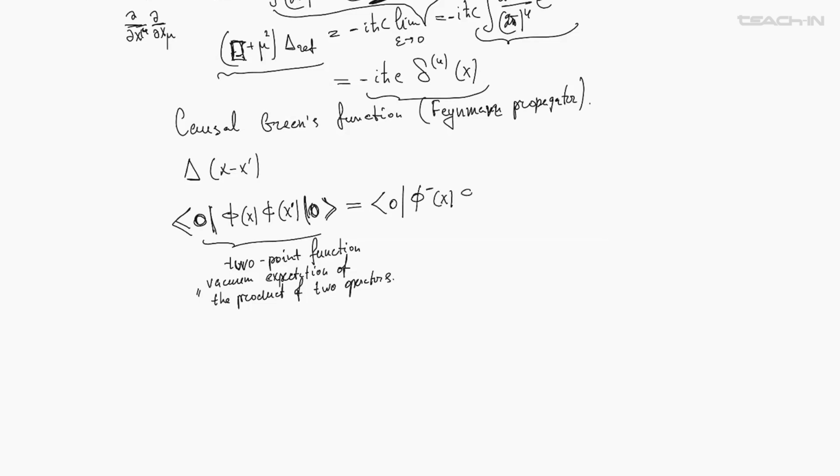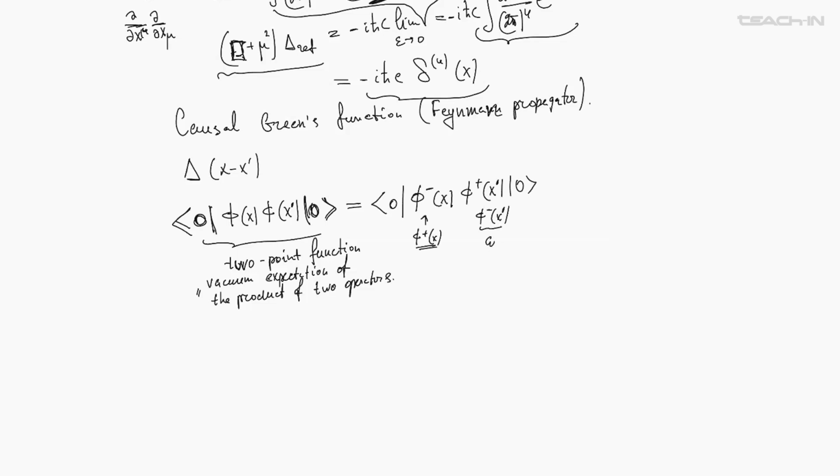This is because phi minus on x prime, acting on the vacuum, will produce zero, because this part depends on the annihilation operators, and the annihilation operators annihilate the vacuum. And analogously here, if you take phi plus on x, this part depends on the creation operator, and acting on the left vacuum, it will produce zero.